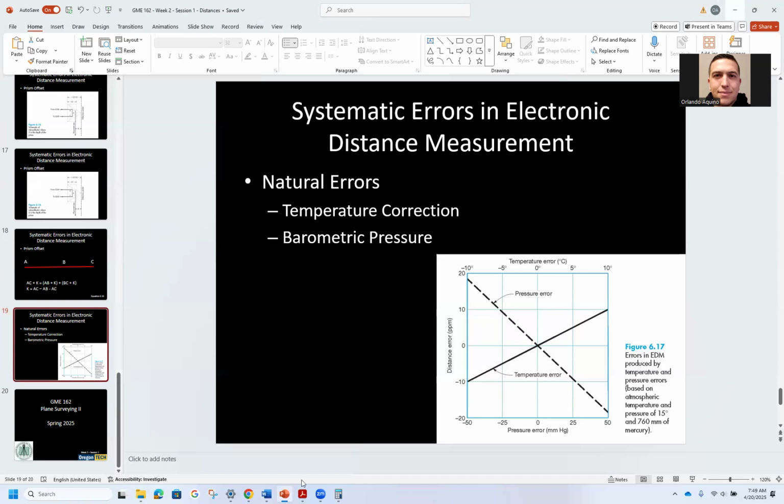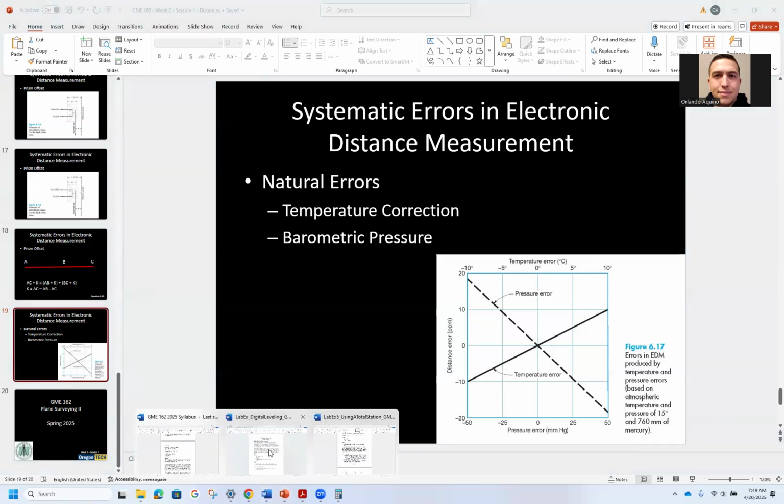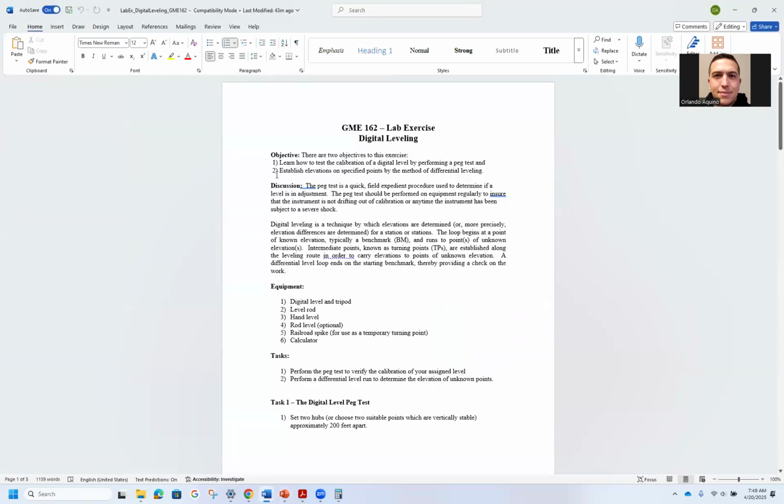Moving on real quick, let's see the lab that's coming up. I'm going to sound like I'm beating a dead horse here, but we're going to keep going with the leveling. So I know you guys got introduced to differential leveling. You did profile leveling, and I think you guys did 3-wire leveling. Now we're going to move on to digital leveling. And this is kind of what we use now in the profession, because the random errors die down with digital leveling.